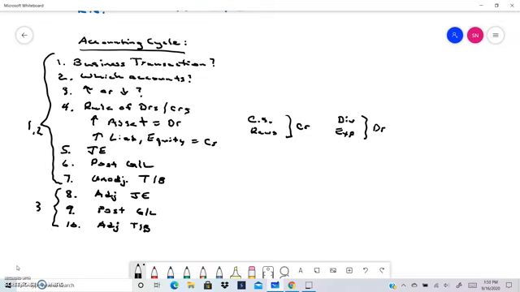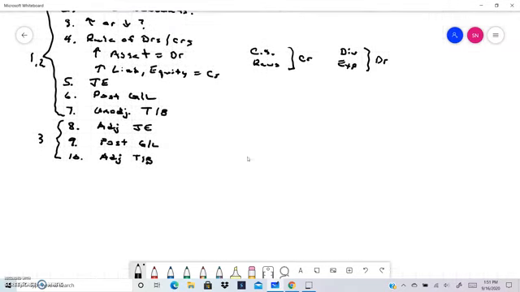So let me move this up a little bit so we can keep going. At this point in time, our accounts are all updated. They're adjusted. There's nothing more we're going to do to change the numbers at this point in time. So we can prepare our financial statements.